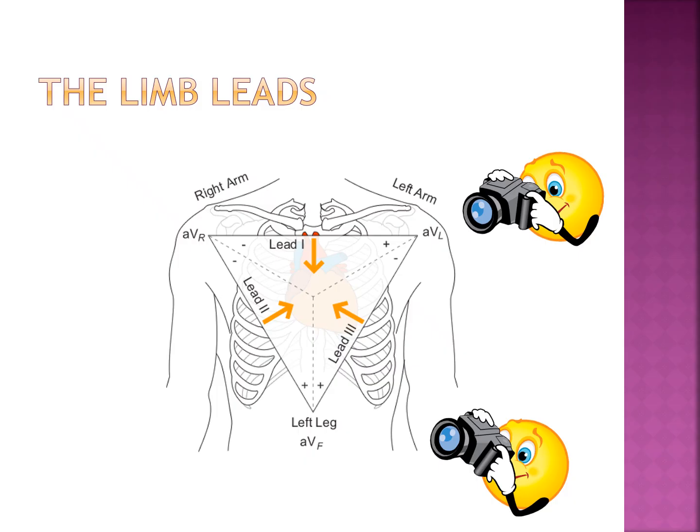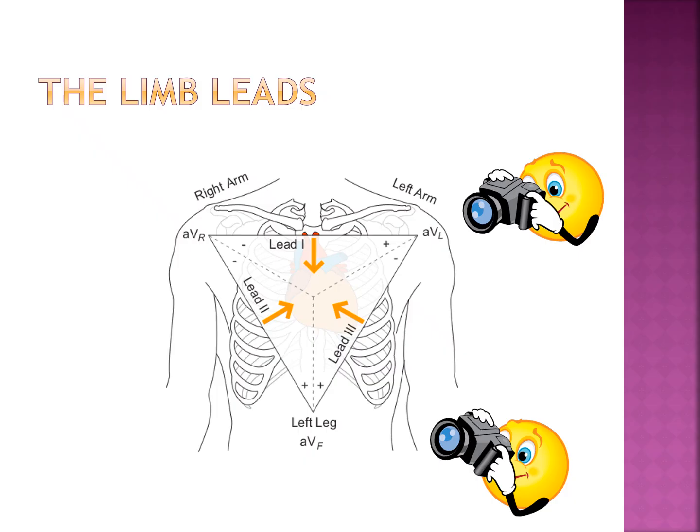But when it becomes AVR, it becomes a positive lead, and the electricity is moving away from it, so AVR should always be a negative deflection. Now, that is the first lead that I look at when I look at a 12-lead EKG, because if AVR has a positive deflection, it tells me one of two things. The most likely thing is that there are probably flipped limb leads.